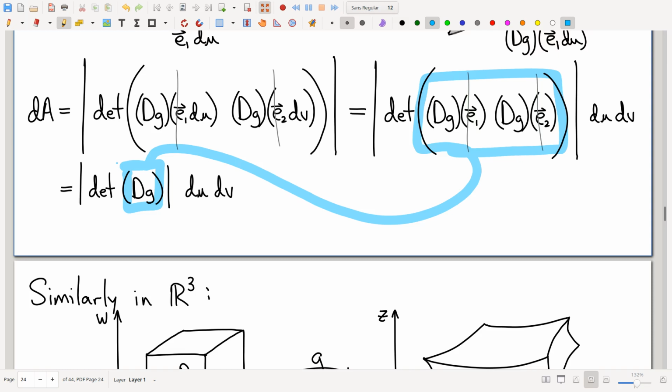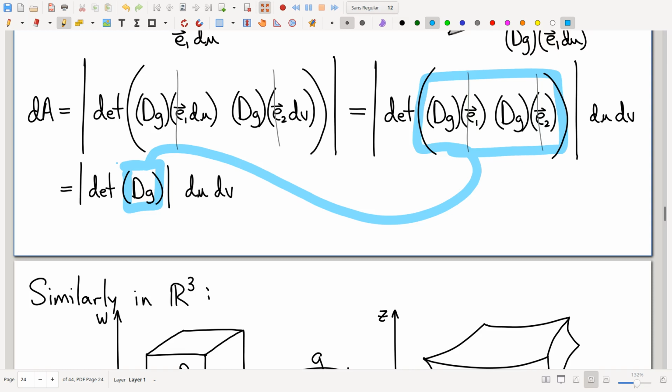Now, looking only at this first column, let's remind ourselves, hey, what happens when you take a matrix and multiply by a standard basis vector? One of our cornerstone facts of linear algebra. Matrix times standard basis vector gives you the corresponding column of the matrix. So, altogether then, what we've just argued is that the first column of this matrix is, looking at this expression, the first column of dg.